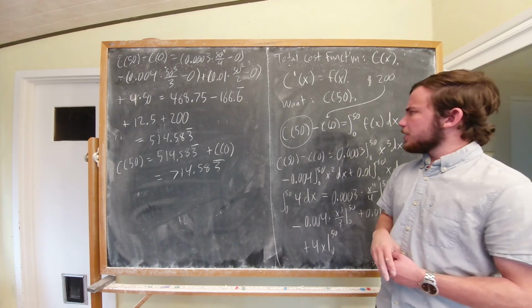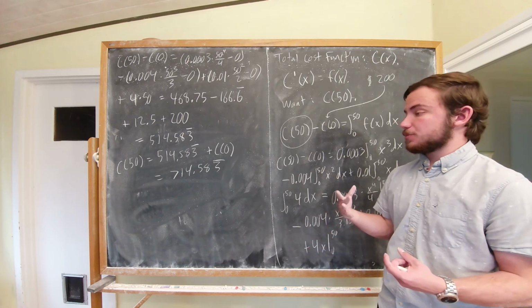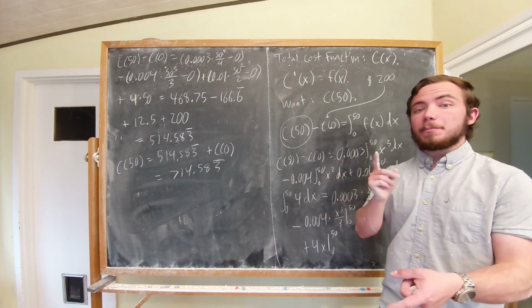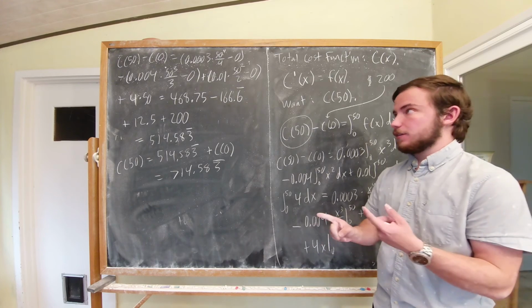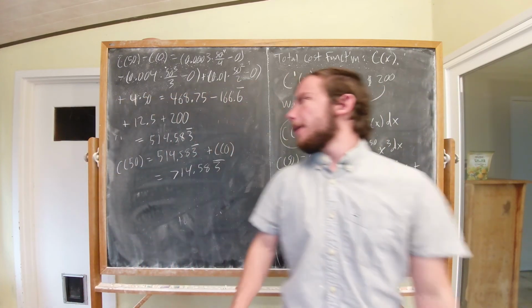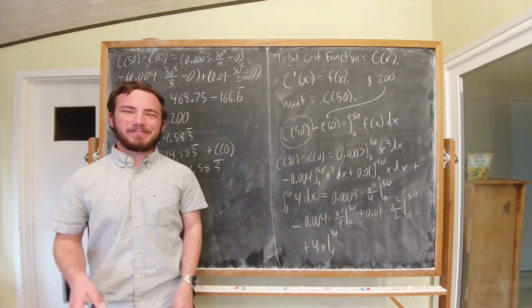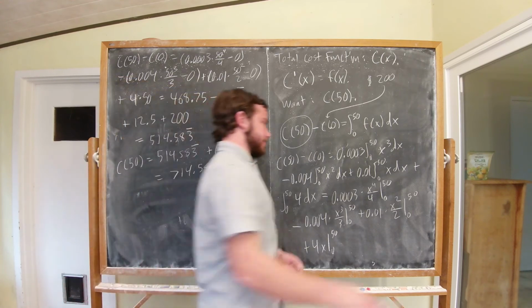Now, I think the other thing we wanted was our cost for producing between the 21st and 40th unit. Alright, so I'm going to erase this side here, make sure you have that down.